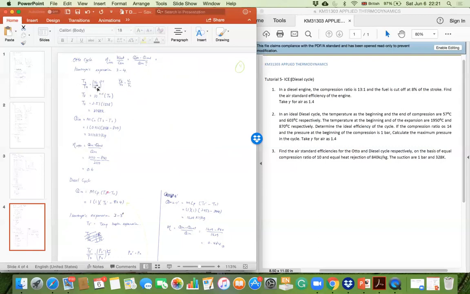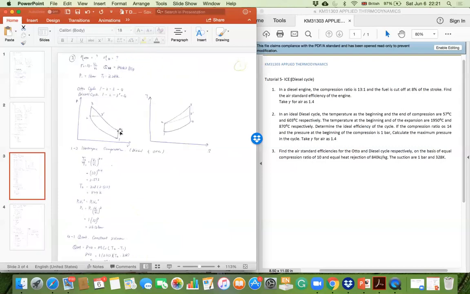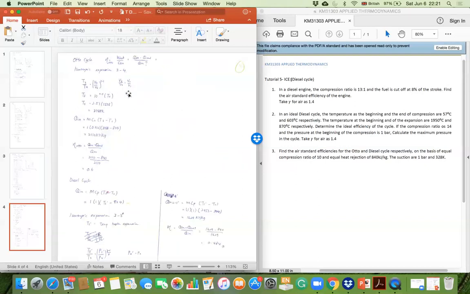You use the equation and you find that V4 over V3 is also equal to V1 over V2, right? So we can use rv. We plug it in and we get T3. Then of course you can get your Q in using this equation, and then you can very easily get your Otto cycle efficiency.